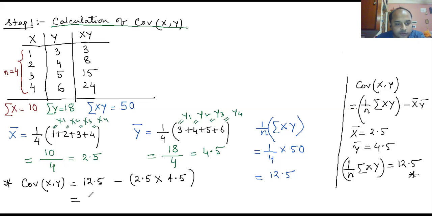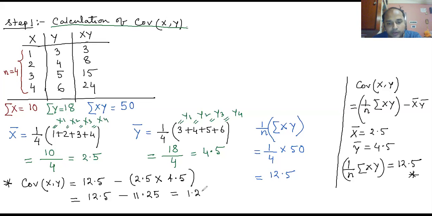Okay, so use your calculator once again. So 2.5 into 4.5 gives you 11.25. The value is 11.25. If you have calculated, you can check. And if we subtract 11.25 from 12.5, it comes out to be 1.25.